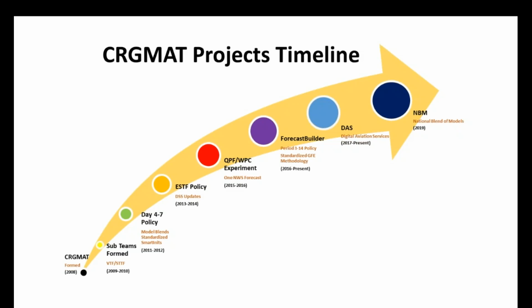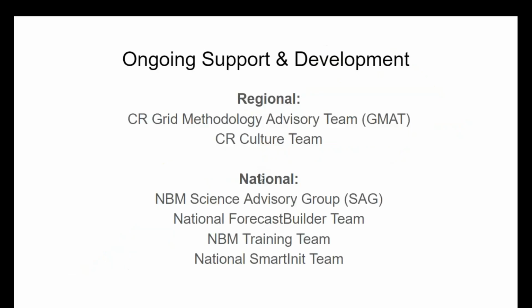And SuperBlend was used to initialize the forecast for periods through day 7. So a lot of great work, and you can see that continuum culminates where we are today, with a lot of the work that those folks have done culminating with the NBM that we'll begin to populate with later today.